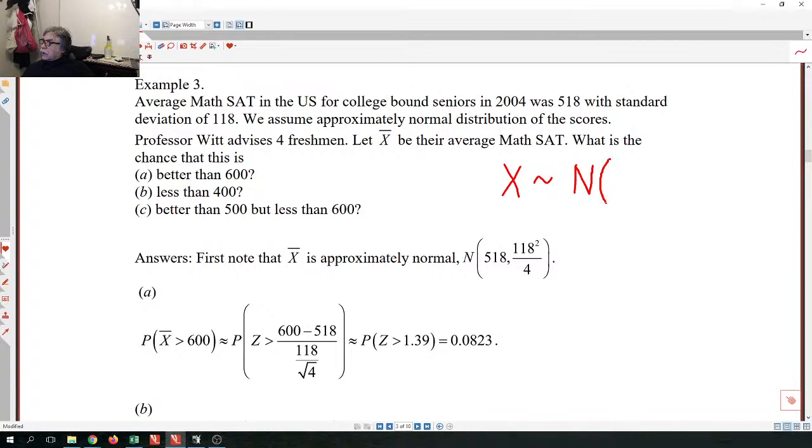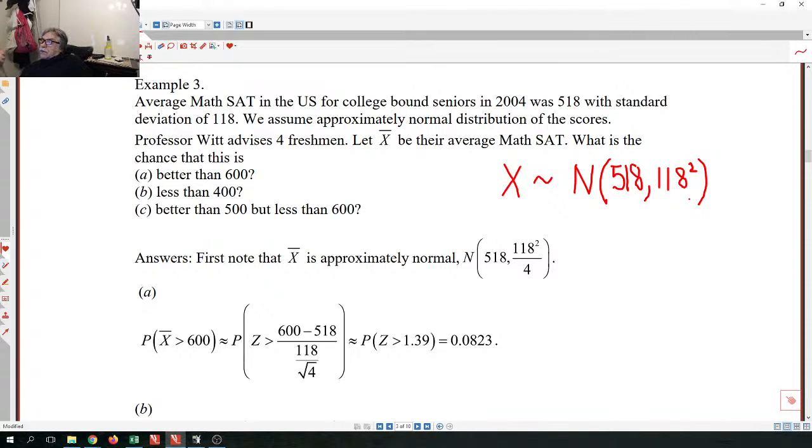And as stated, the mean, the expectation of this random variable, is 518. That's the statement in the first sentence. And the standard deviation is 118. We label the variance with a square, but the standard deviation is 118. That's a label for the variable.